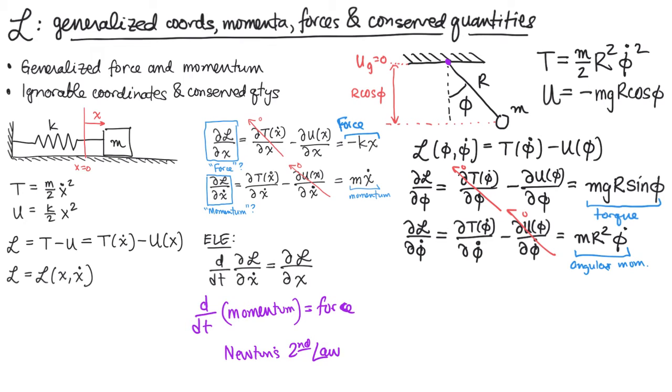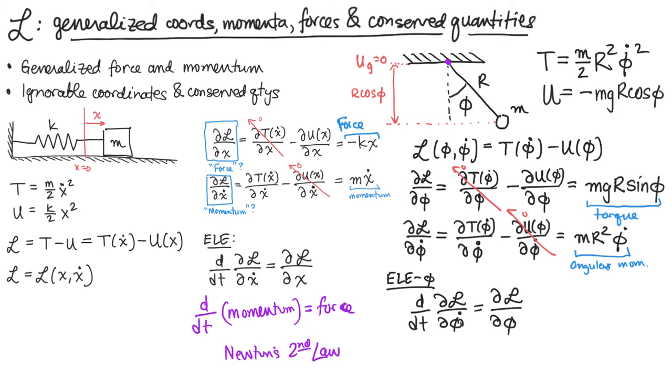Okay, the main result, the Euler-Lagrange equation for phi tells us the time derivative of dL d phi dot is equal to the partial with respect to phi. Let's take for granted now this claim that the one partial is torque and the other partial is angular momentum.